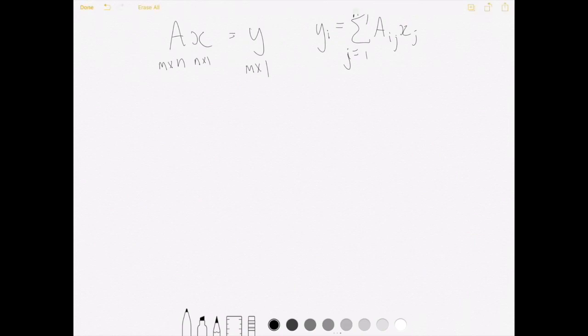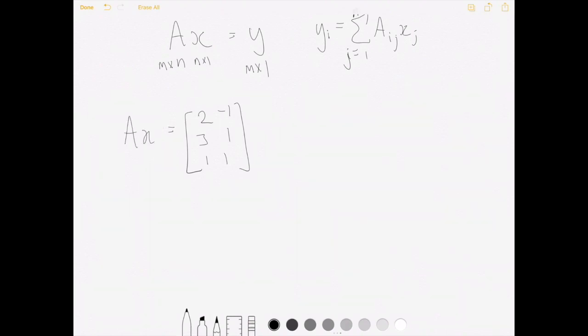Okay, so let's look at a quick example. Suppose A equals 2, minus 1, 3, 1, 1, 1, and X is the two-dimensional vector 3, 1.